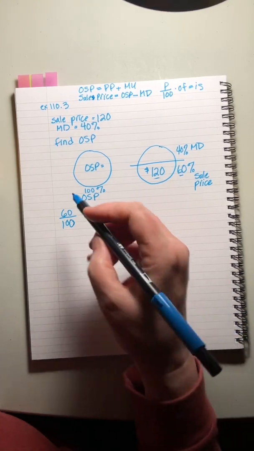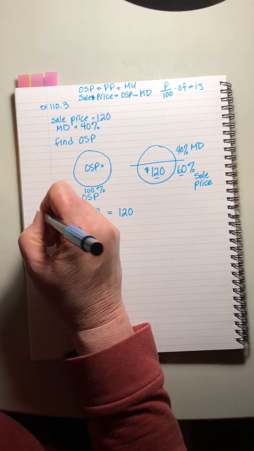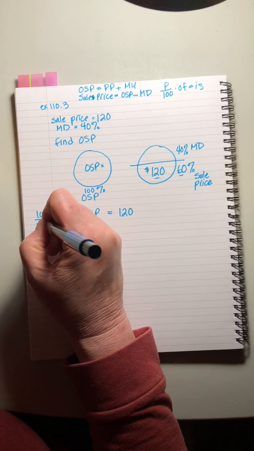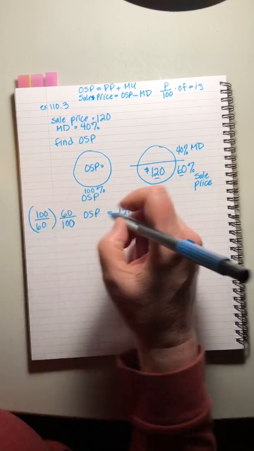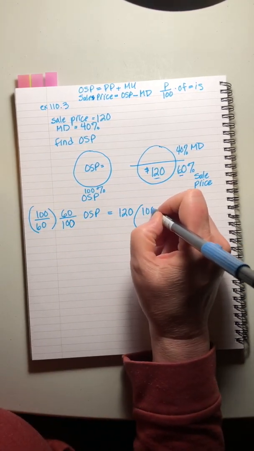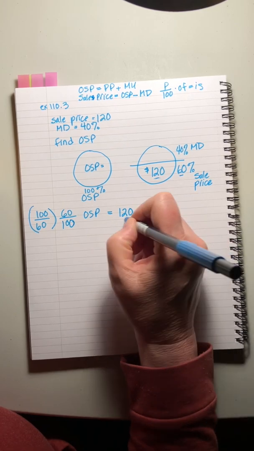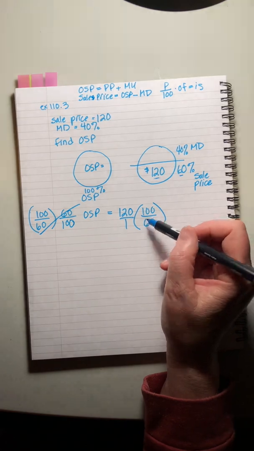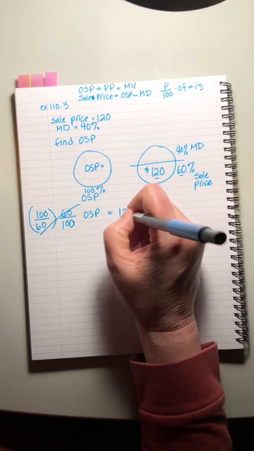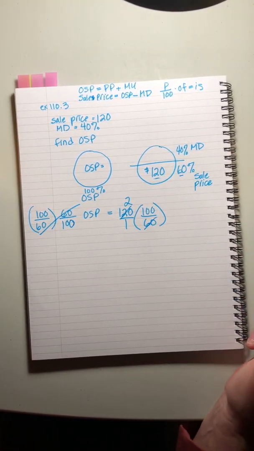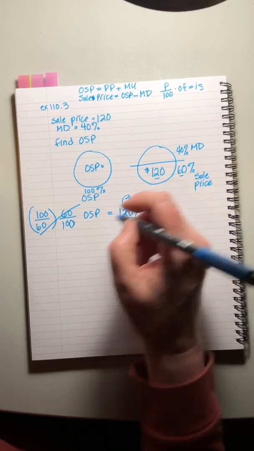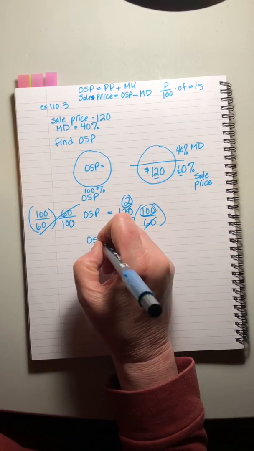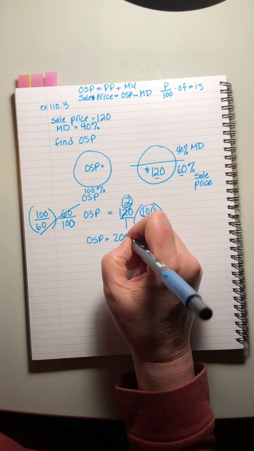Okay, so we're multiplying this. Let's do a little reciprocal action here, right? That's over 1. That all cancels. 60 into 120 goes twice. So what that means is that the original selling price was $200.